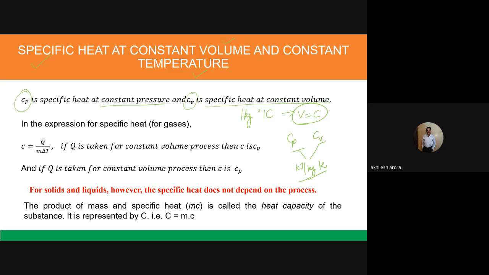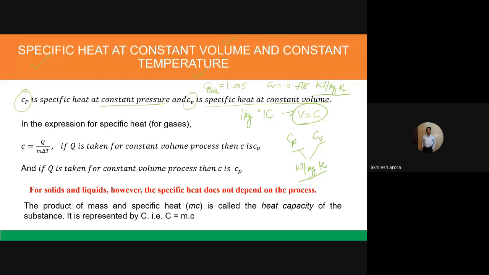One more thing I would like to tell you: you should always remember the value of CP for air, this is a very important value. CP for air is 1.005 and the value of CV is 0.718. You should always remember these two values, and the unit is the same, kilojoules per kg Kelvin.